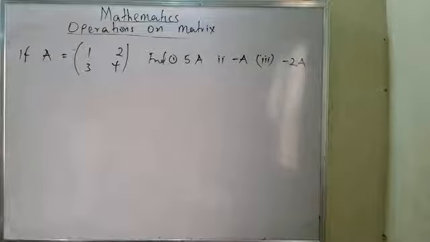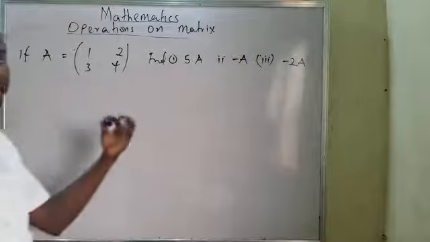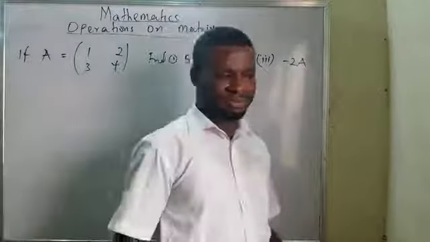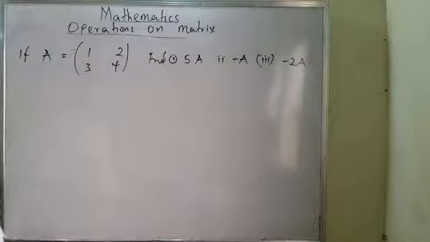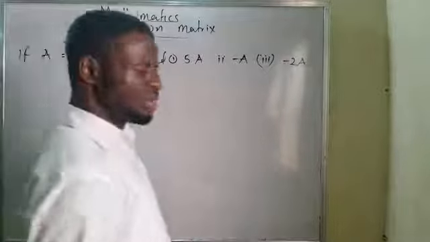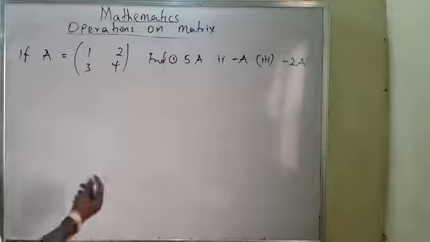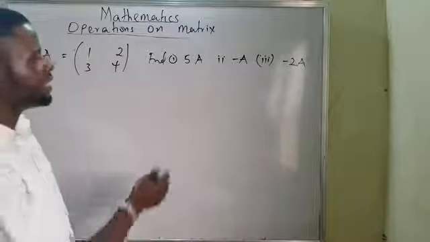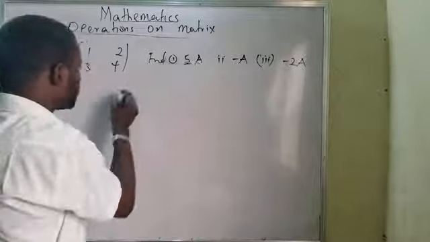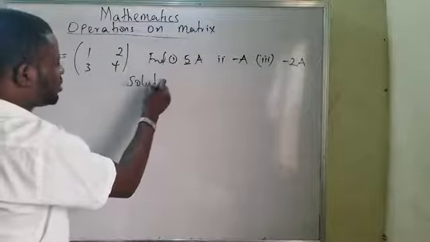Now, look at this. This can be a problem. Somebody can ask you in any given exam. It can be Cambridge, it can be WAEC, it can be JAMB, it can be anywhere you meet it. Now, let's see how to tackle this type of problem. This is the scalar I'm referring to. Solution: let me not rush you.